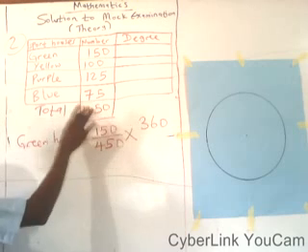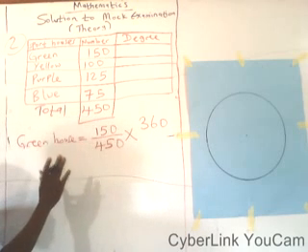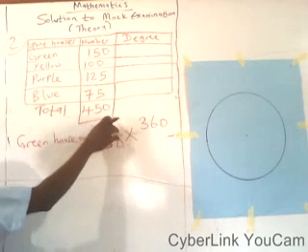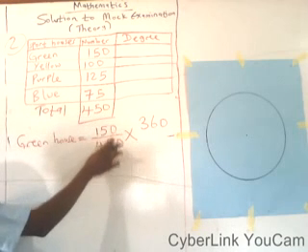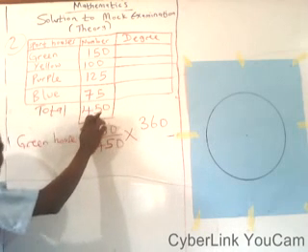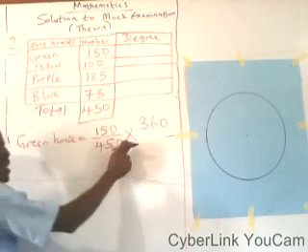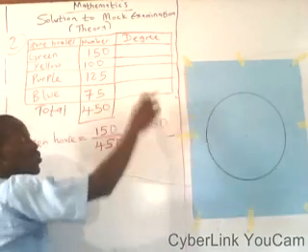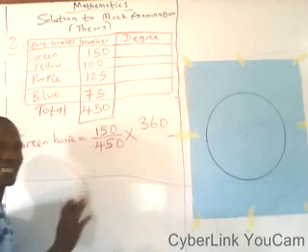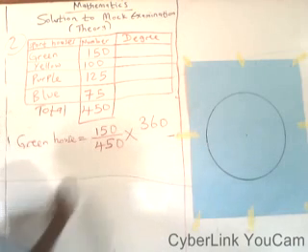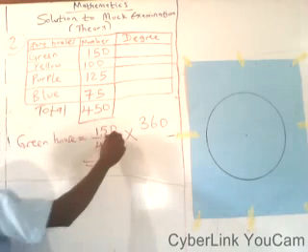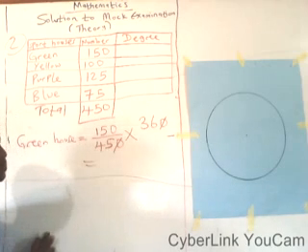You are going to take each house one after the other. Greenhouse is 150 divided by 450, which happens to be the total of all the 4 houses that we have. Multiply it by 360, which is the sum of angle at a point. In that case, 0 will cancel 0 here.